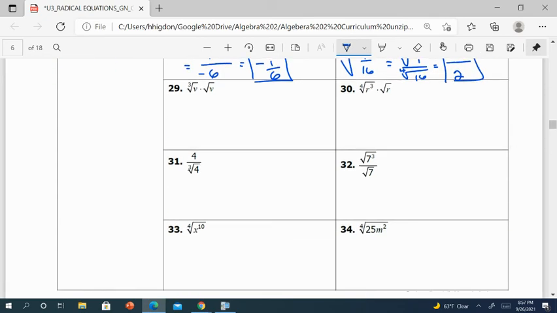All right, let's jump down to number 29 through 34, which are all very similar. What we have to do before we can do anything else is change these back to exponents. So on number 29, we've got v to the 1/3 times v to the 1/2. And remember that when the operation is multiplication, we're going to add our exponents.